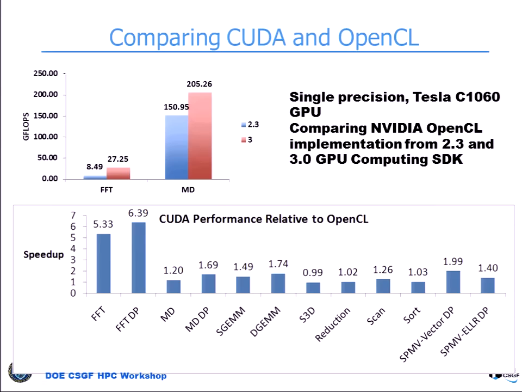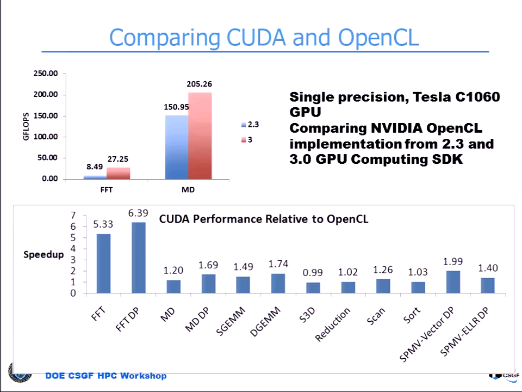The other thing I mentioned was comparing CUDA and OpenCL. So this is the question we've been asked almost every time we give a presentation: should I switch to OpenCL yet? I've been programming in CUDA. I've spent a lot of time programming in CUDA. And so these slides are a few months old, but early on we were seeing dramatic improvements in OpenCL performance.